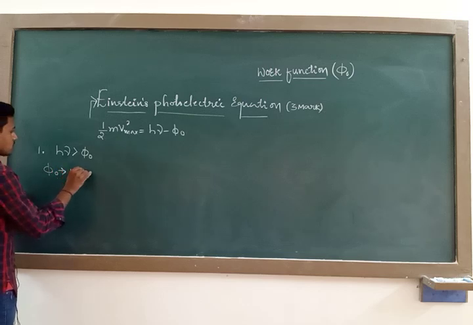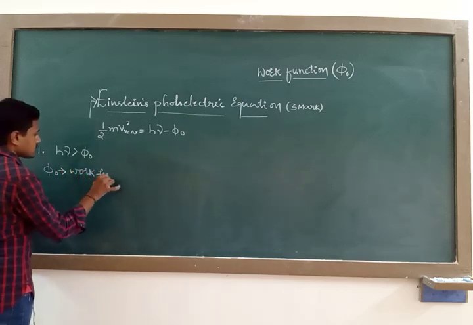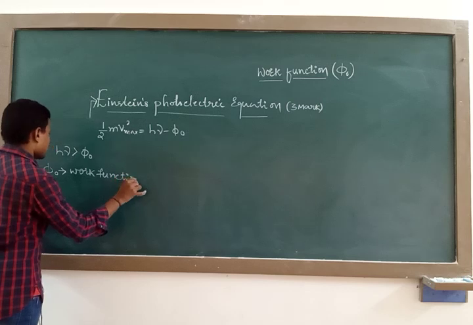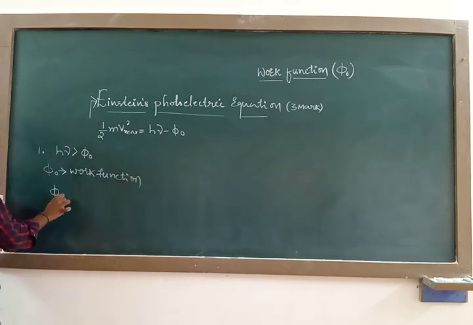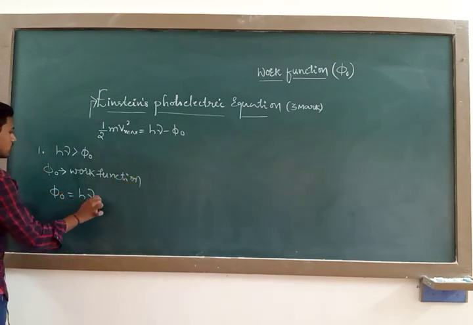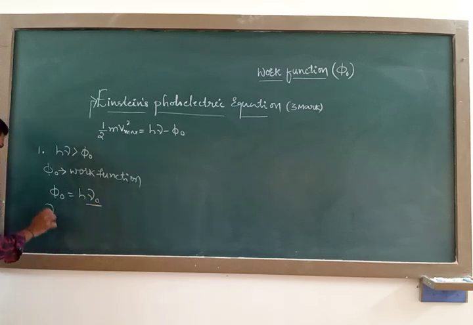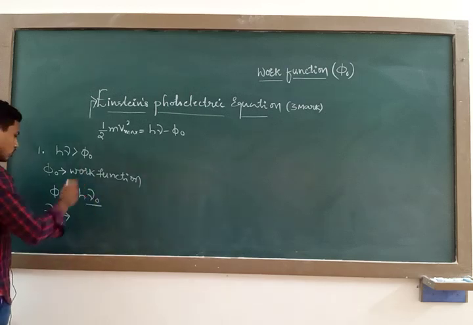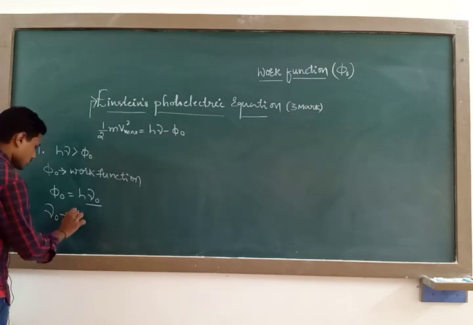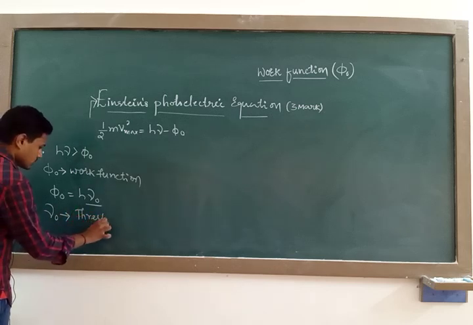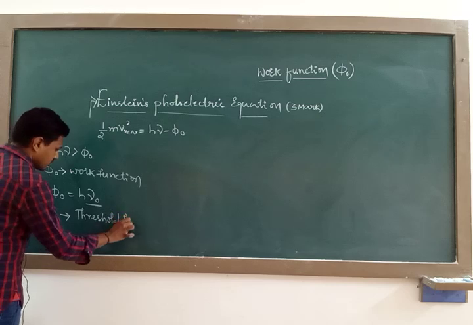Mathematically, the work function phi naught is equal to h nu naught. So here h nu is more than h nu naught, where nu naught is called the threshold frequency. Hallwachs and Lenard called it threshold frequency. Here Einstein called it work function by treating light as photons, or packets of energy.